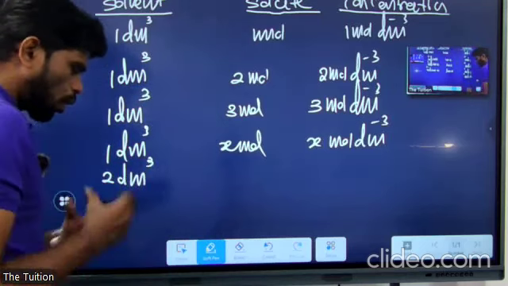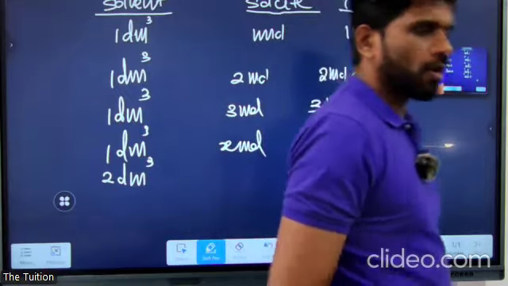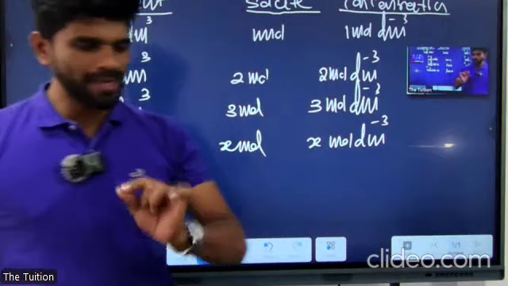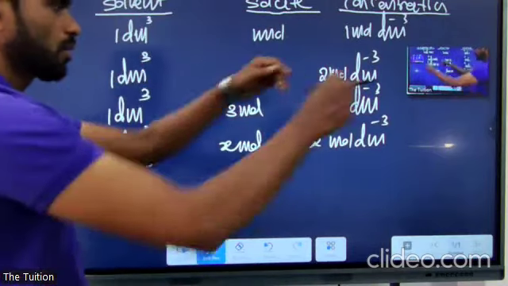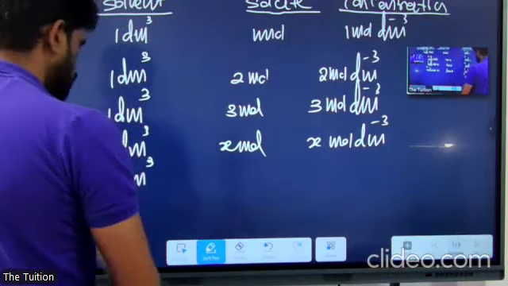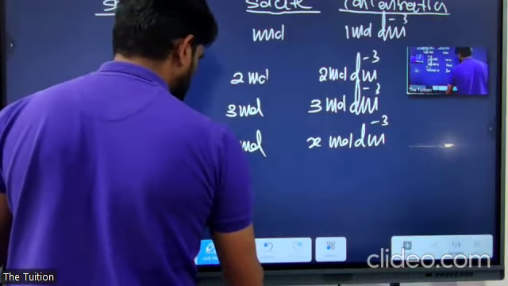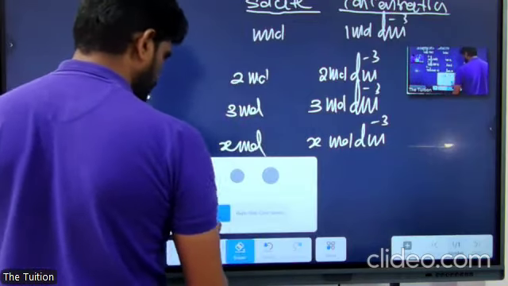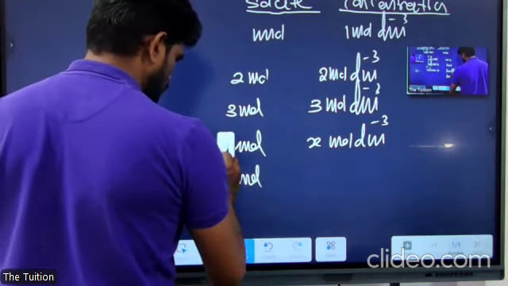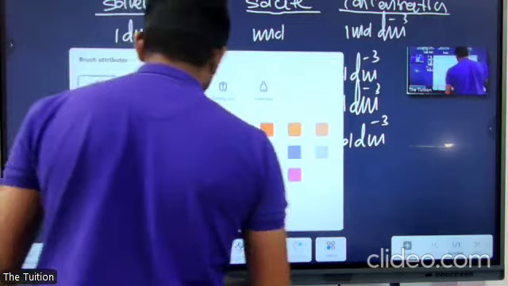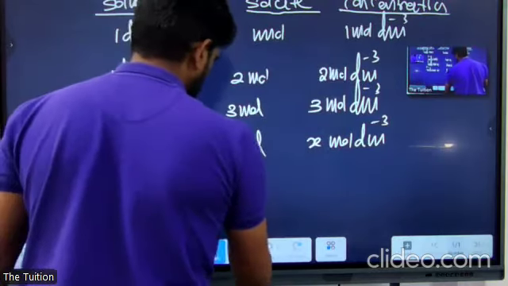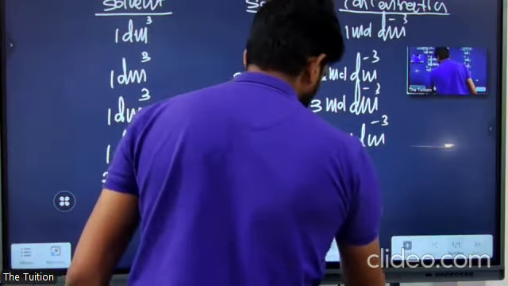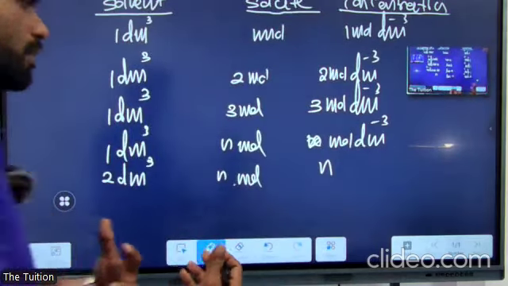Always you have to represent the concentration with respect to 1 cubic decimeter volume. 2 cubic decimeter, x mole. Can I take the mole as n or something? That's the conventional method. n. Now we have to represent for 1 cubic decimeter.